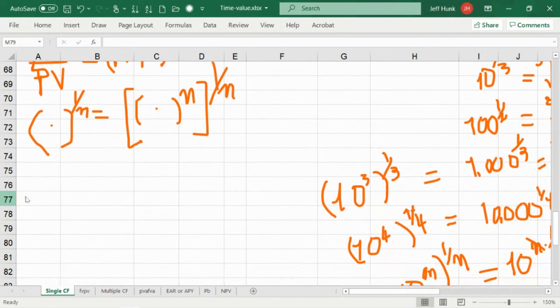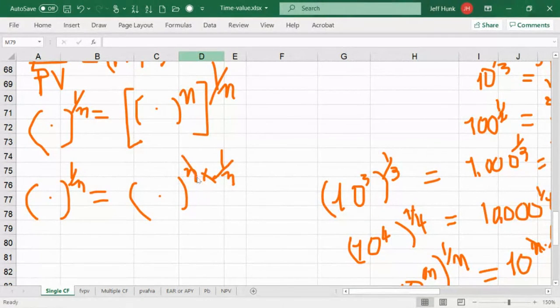And then the thing in the parenthesis, we're going to write it later. But now, because we know the power of power rule, it's the thing in the bracket raised to n times 1 over n.